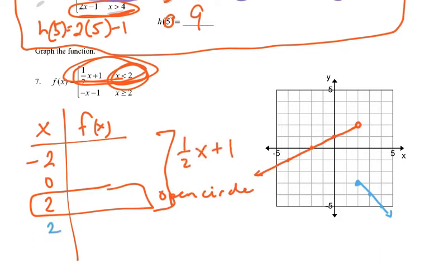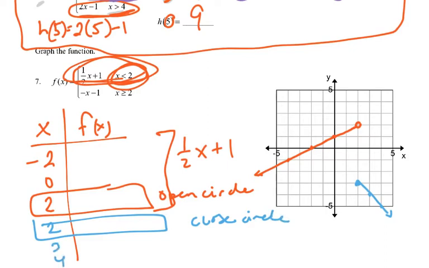Then I would check for 2 for my closed circle, and maybe 3 and 4 to get additional points. And just know that for these, I would be evaluating with -x minus 1. Okay, and I can make a table, and then I can draw both parts of those graphs. So there's 2 ways that you can do that in a nutshell.